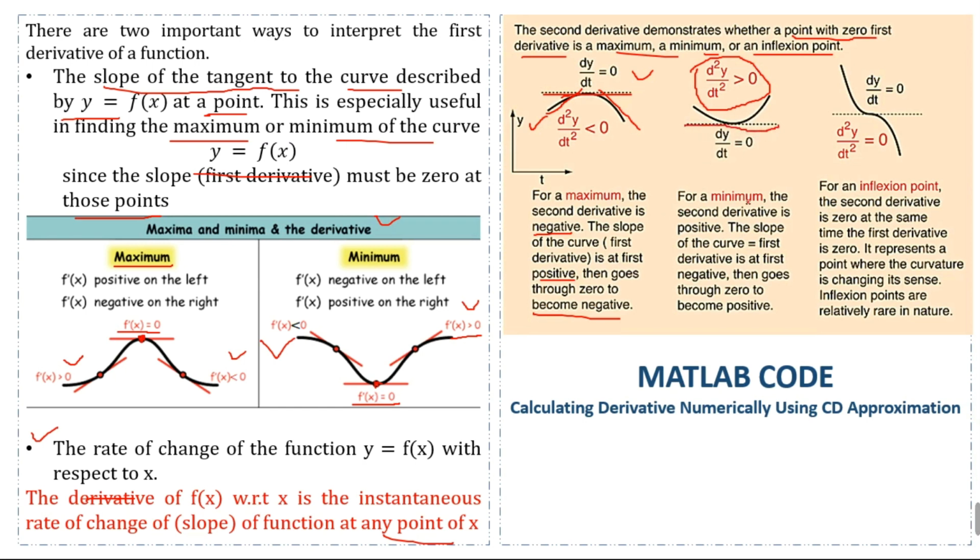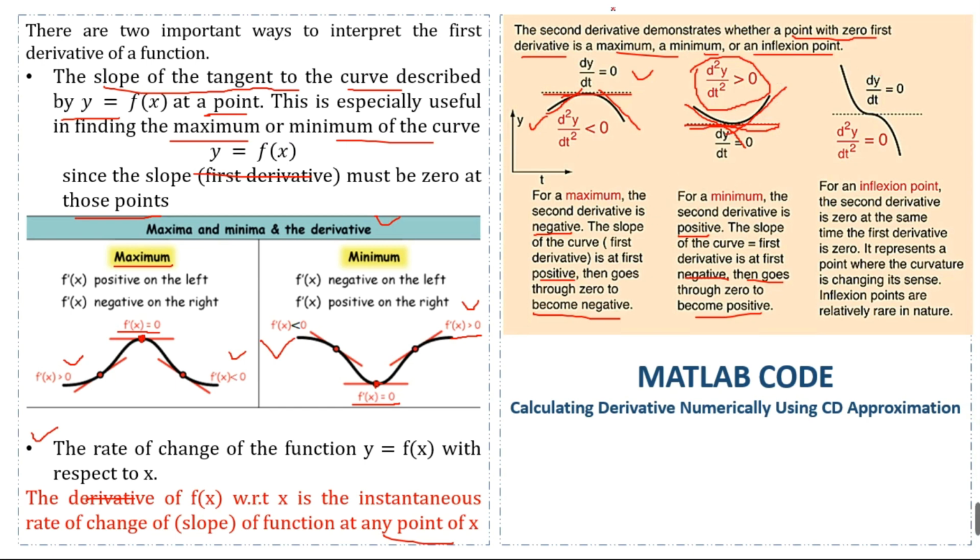For a minimum, the second derivative is positive. The slope of the curve, the first derivative, is first negative, then goes through 0 to become positive. Here it is negative, at this point it is 0, and then it becomes positive.